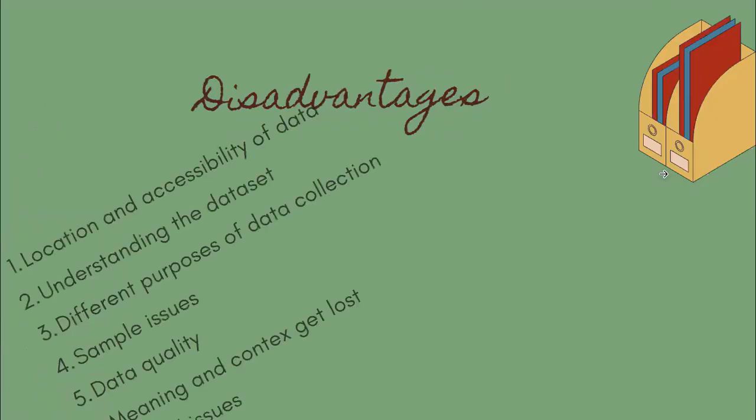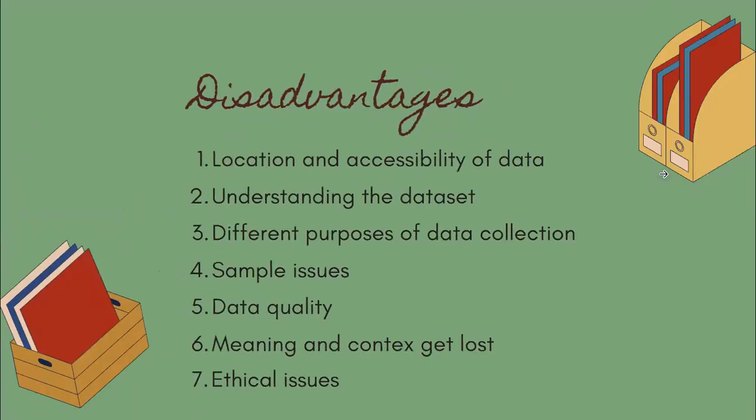Now, some disadvantages. First one, the location and accessibility of data. It might be difficult to find good secondary data, as I will mention also in a few slides. The second one, understanding the data set. I don't know if you have seen one of those research studies, but sometimes the researcher uses codes and different types of methods to help them present their information without making it too difficult for themselves or for others.